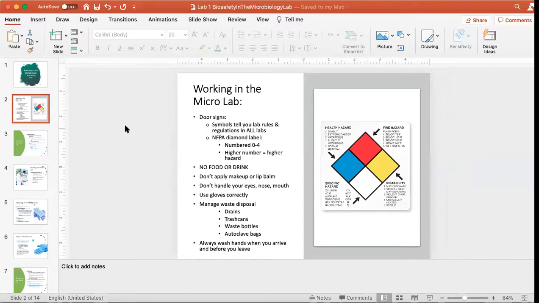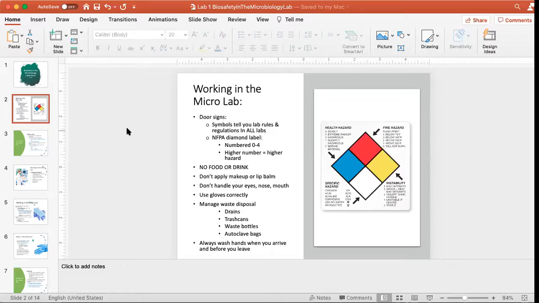So most of what I'm talking about today, I'm talking about labs that handle microbes. But a lot of what I'm going to say, you can apply to any lab, including what's on this first slide. Anytime you walk around in, let's say, a college or a commercial business that does laboratory work, or a hospital, or any kind of a place that has working laboratories in it, one of the things you're going to notice is that there's a sign on the door to the laboratory.